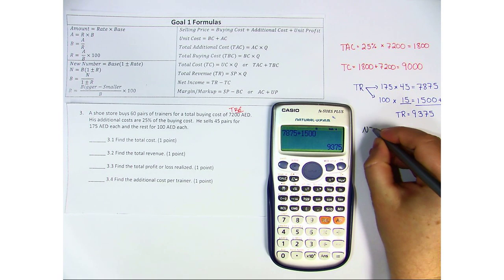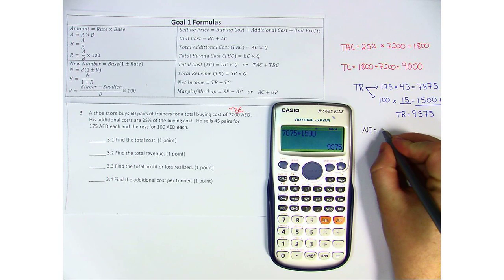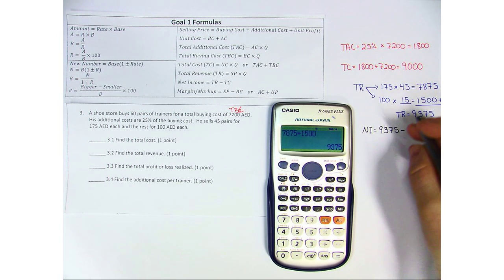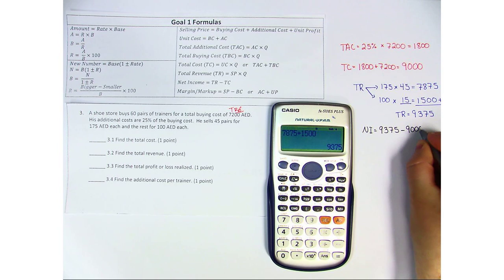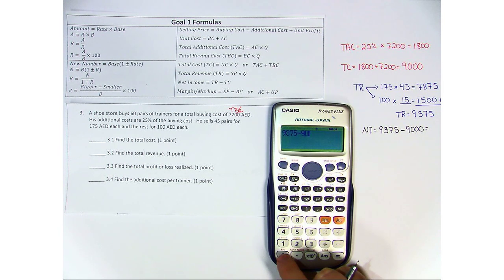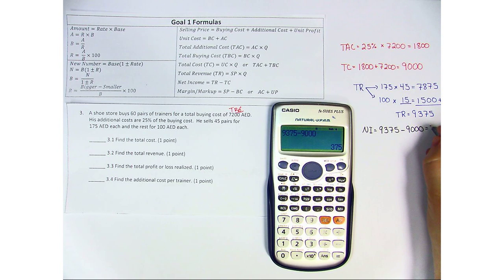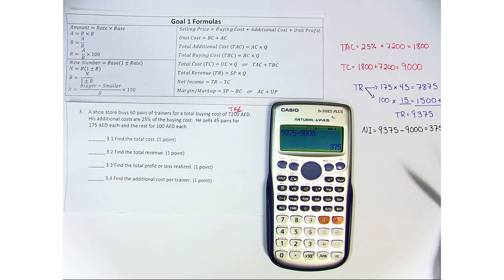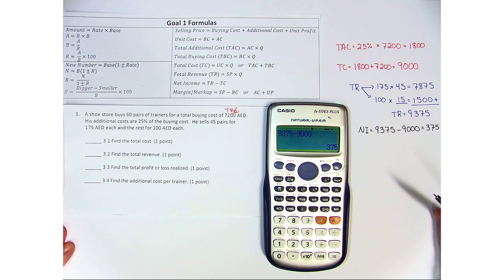So the net income is found by taking our total revenue, 9,375, and subtracting our total cost of 9,000. So 9,375 minus 9,000 is 375 dirhams.